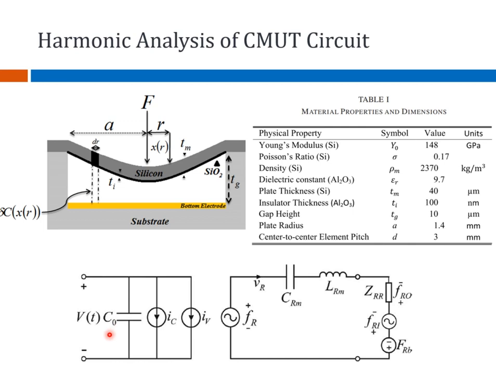The CMUT is represented on the electrical side by the capacitance of the CMUT cell. IC is due to the change of capacitance, you have a varying capacitive current. IV is the particle velocity current because of the changing particle velocity, and this is where you apply the electrical signal. By the application of the electrical signal between the electrodes, you have a certain velocity profile which is going to determine how much force. So VR squared times the radiation impedance is going to give you how much ultrasound power the CMUT cell is going to couple into the radiation medium.